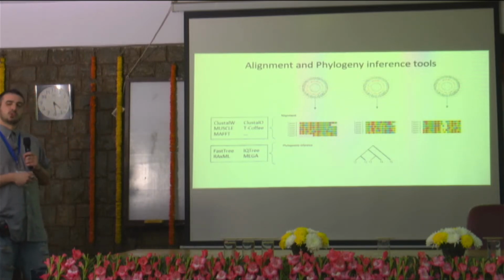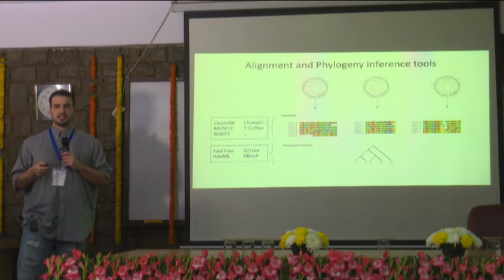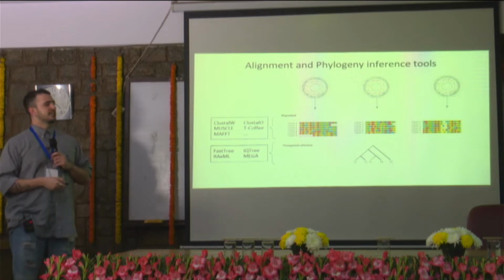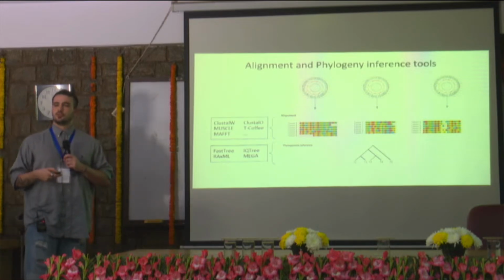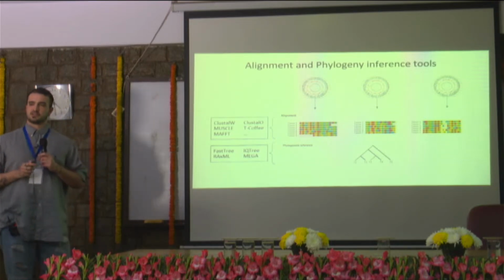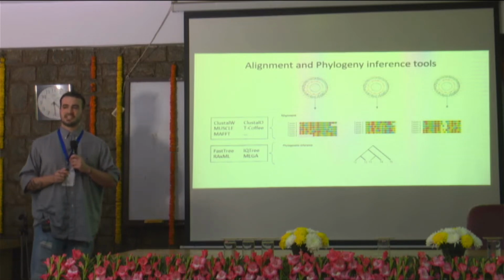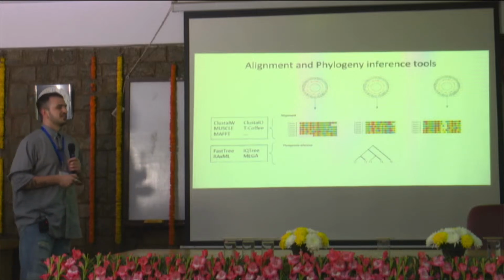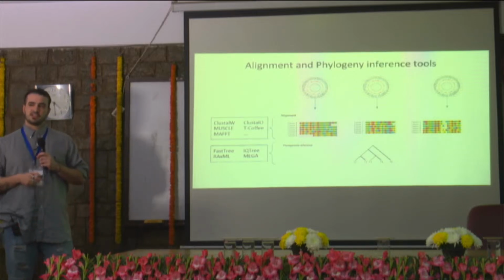Some tools are more accurate than others, but also more computationally expensive. So if you only have 3 genomes, you will go for the most accurate ones, although it takes more time.